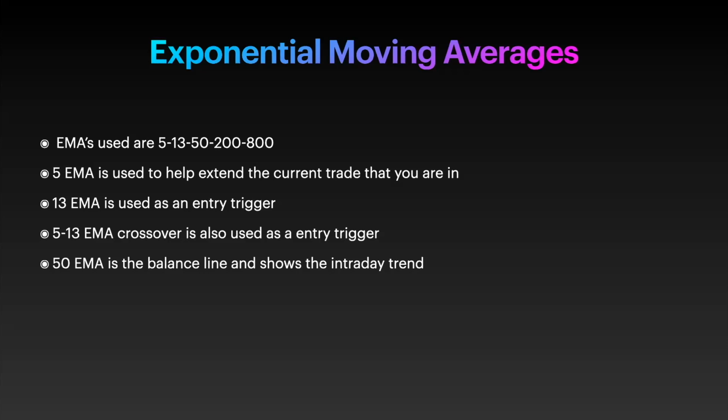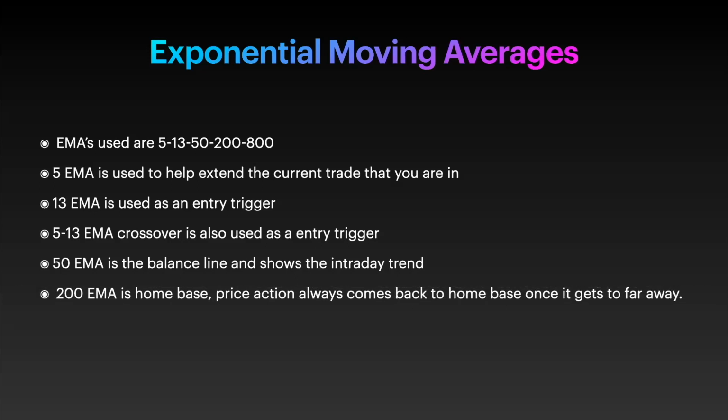A lot of times you'll see price bounce off the 50 throughout the Asian range, and it just continues throughout the entire day. All of these EMAs also run as moving support and resistance.